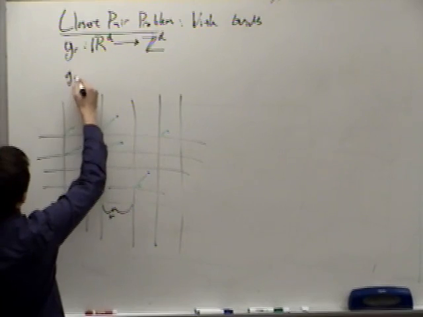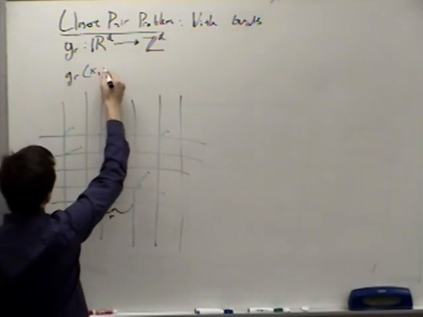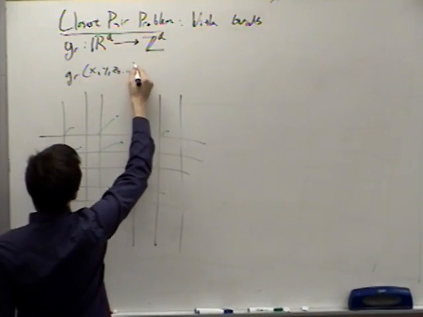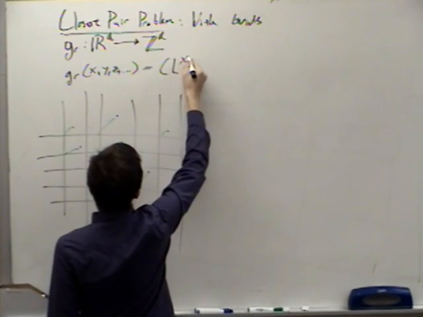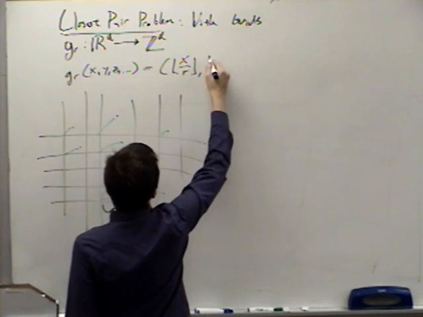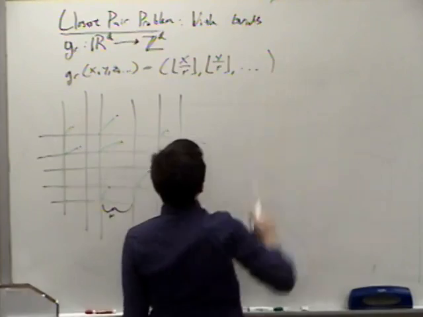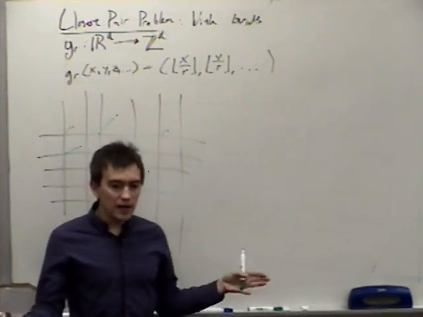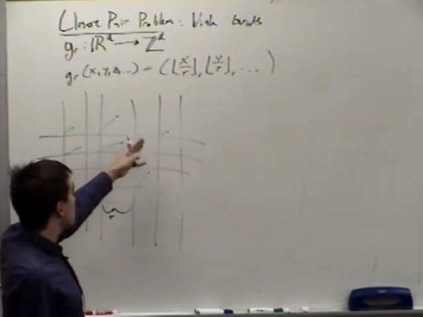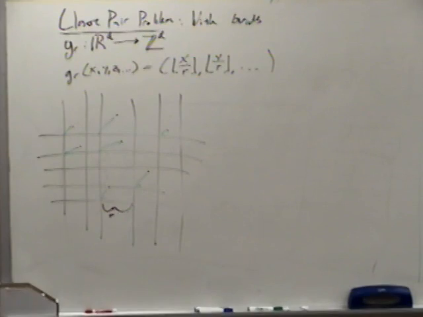So if we feed it some values like, say, x, y, z, etc., then this is going to be equal to this vector floor of x over r, y over r, etc. So we basically just take the components of this vector, divide them by the size of our grid, which is r, and then round them down using the floor function.